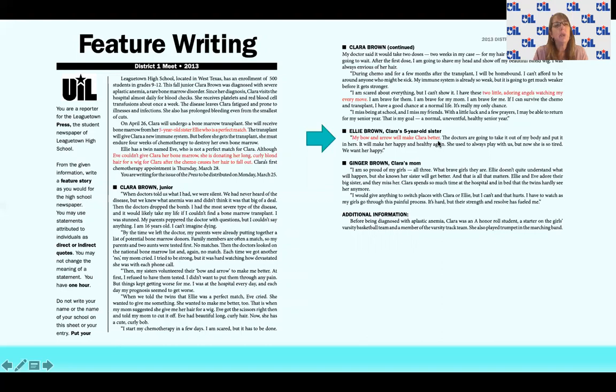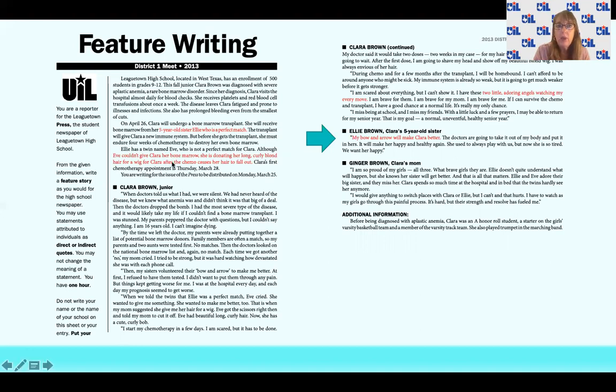When I read that quote, that's when I knew I had to get that in my lead, because that tugs at my heart, and it's sweet and it's cute and it shows the little girl's age. There's so much about that quote that's powerful that I want to make sure I get it in my lead. The other things that stuck out to me are that her 5-year-old sister Ellie is a perfect match.